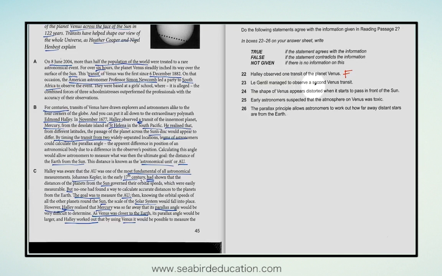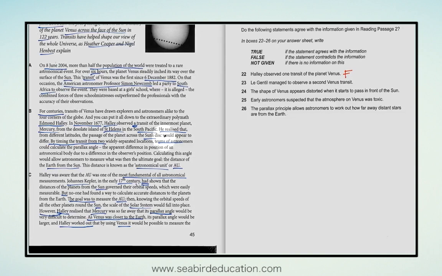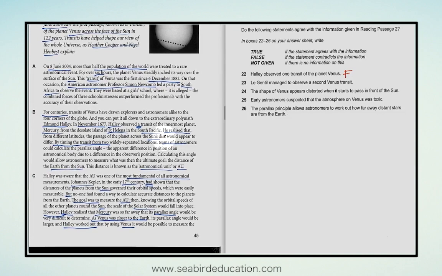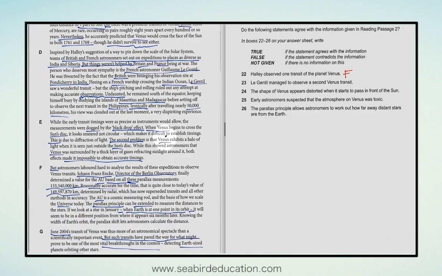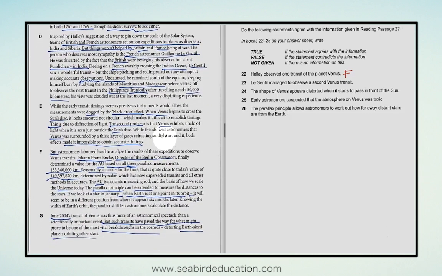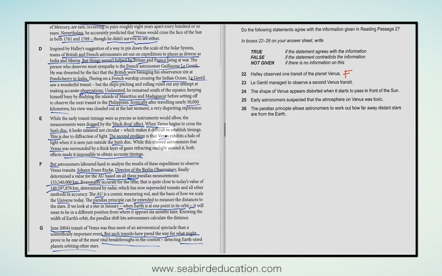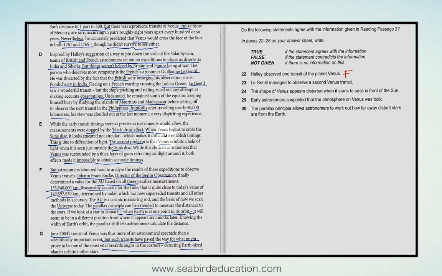He managed to observe a second Venus transit. Did he? Okay, this is tricky. I didn't get much sleep last night. Where is he now? Observe the next transit in the Philippines.